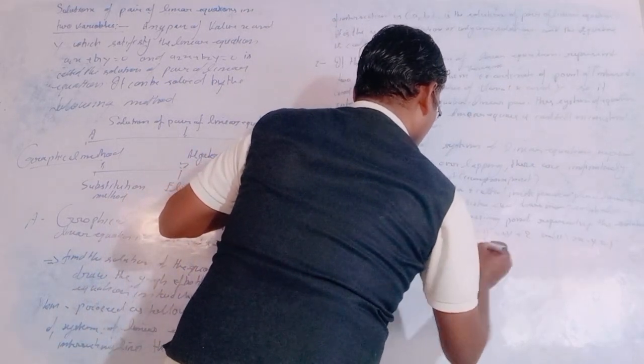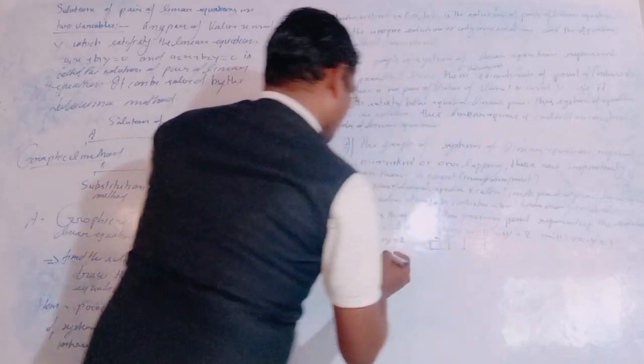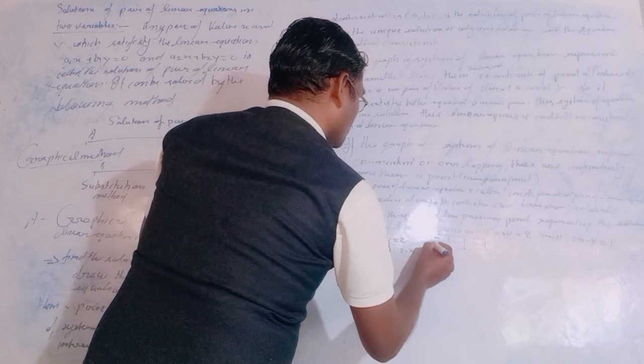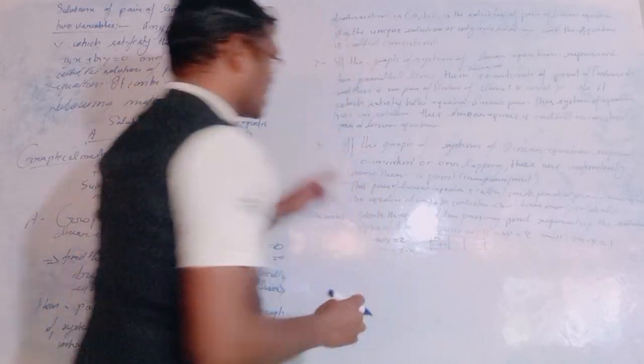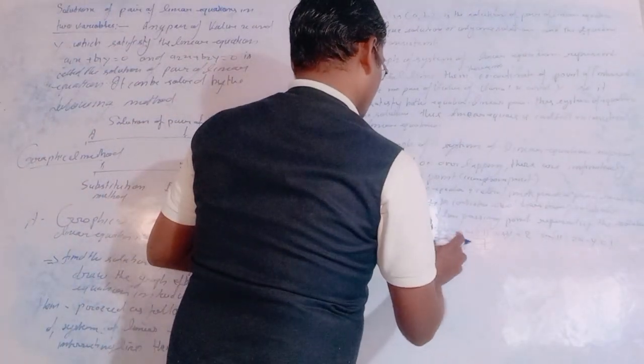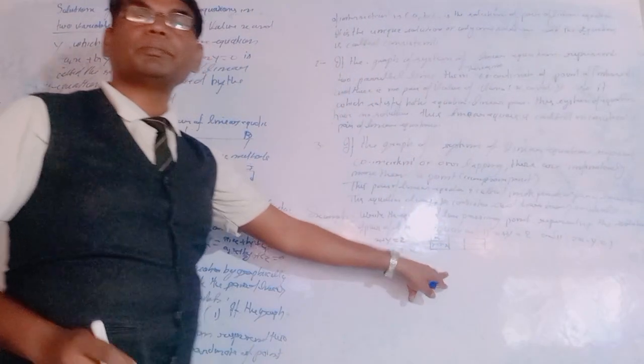First, take 2 points for x, and it becomes y is equal to 2 minus x. We make a table in tabular form.